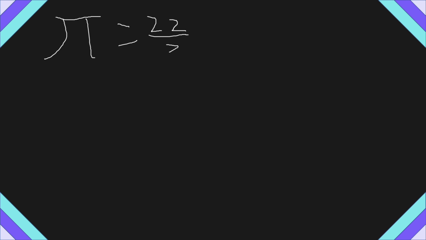It's actually a repeating decimal, and the decimal value is 3.14. Okay, so now that we know what pi is, let's see how we can use it to calculate the circumference and area of a circle.